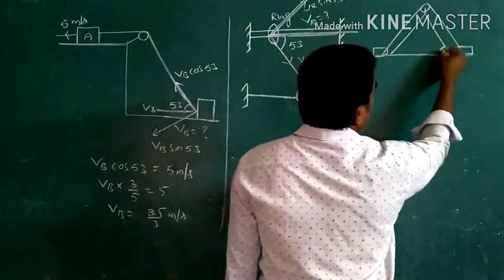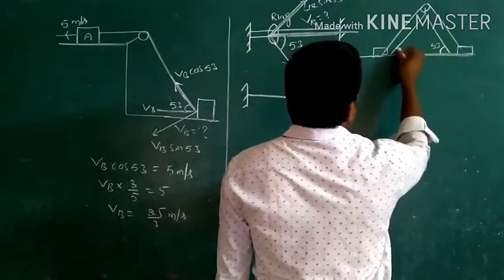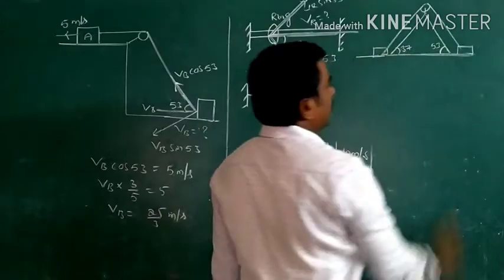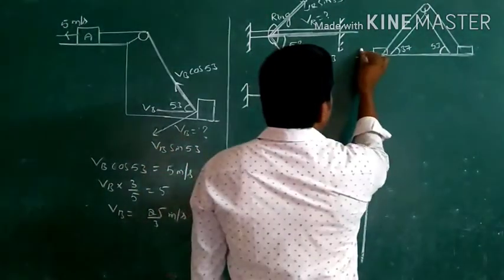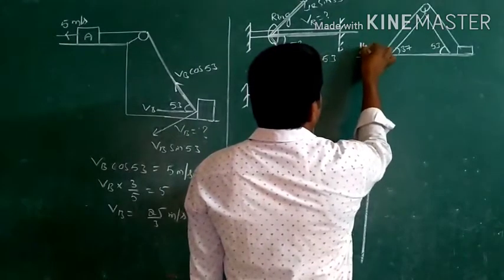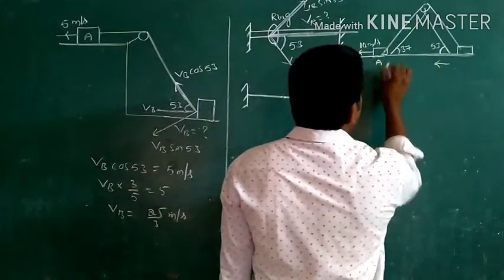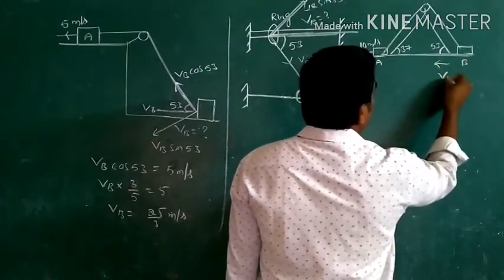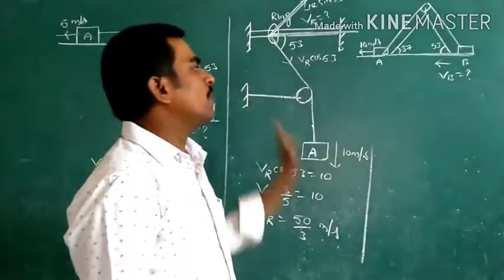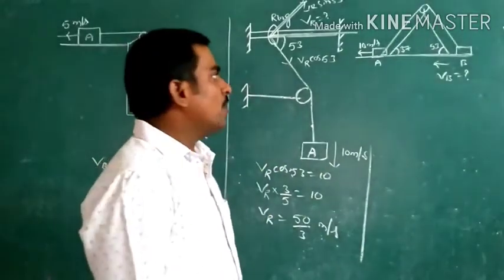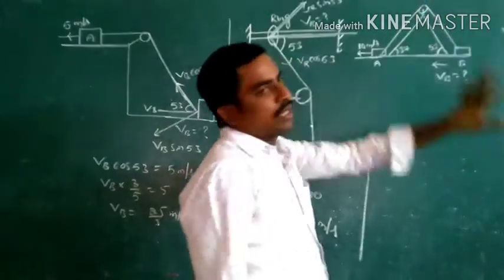This one makes an angle of 53 degrees, and this one makes an angle of 37 degrees. This one moves with a velocity of 10 meters per second. So what is the velocity of this block? This is VA and this is VB. Here also we use the same formula: the components of velocities along the length of the string are equal.